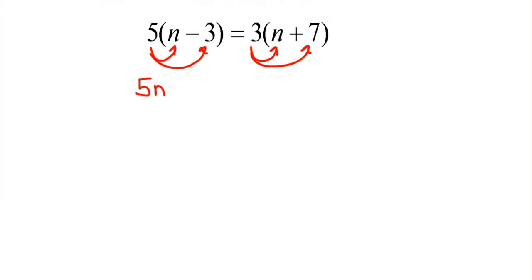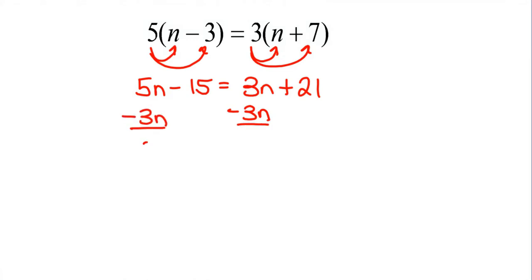This gives me 5n minus 15 equals 3n plus 21. And then I'm going to eliminate the term on the right-hand side. This is my little guy, 3n. So I'm going to subtract 3n from both sides. And I get 2n minus 15 equals 21.